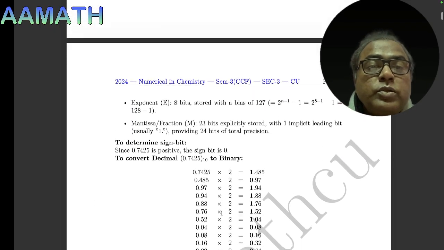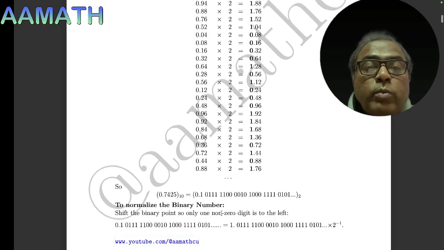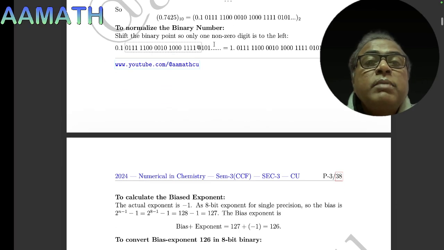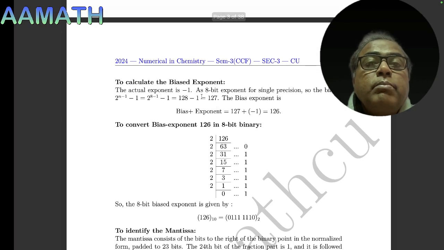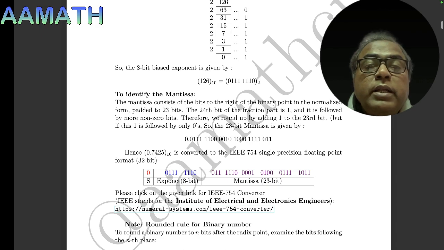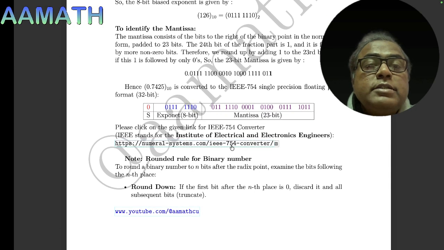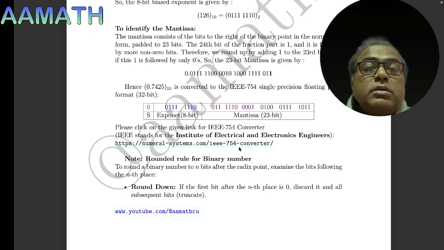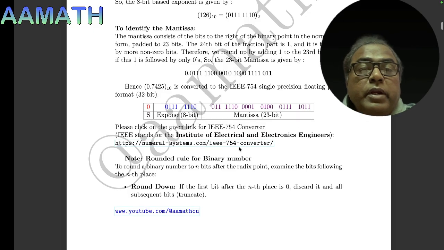First we convert this decimal to binary, next normalize the binary number and calculate the biased exponent, and convert the biased exponent to binary form. Next, identify the mantissa, and this is the final form. This is the link for IEEE, the Institute of Electrical and Electronics Engineers, for the conversion for this floating point representation.